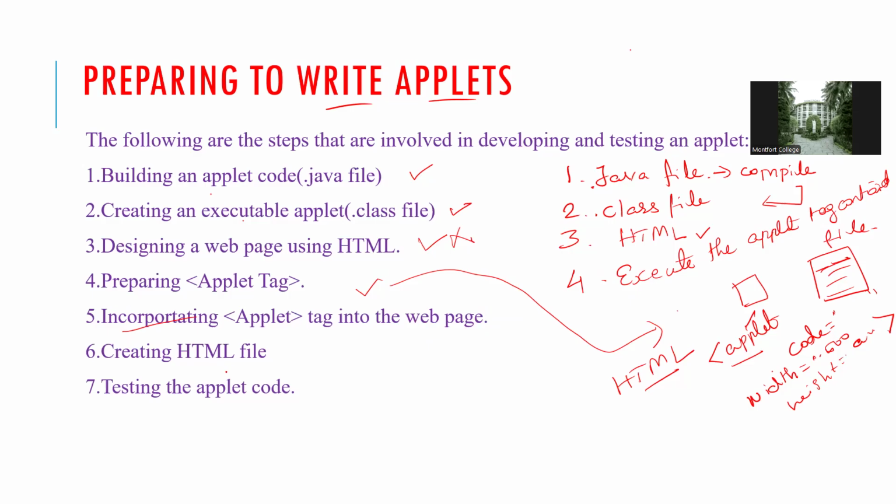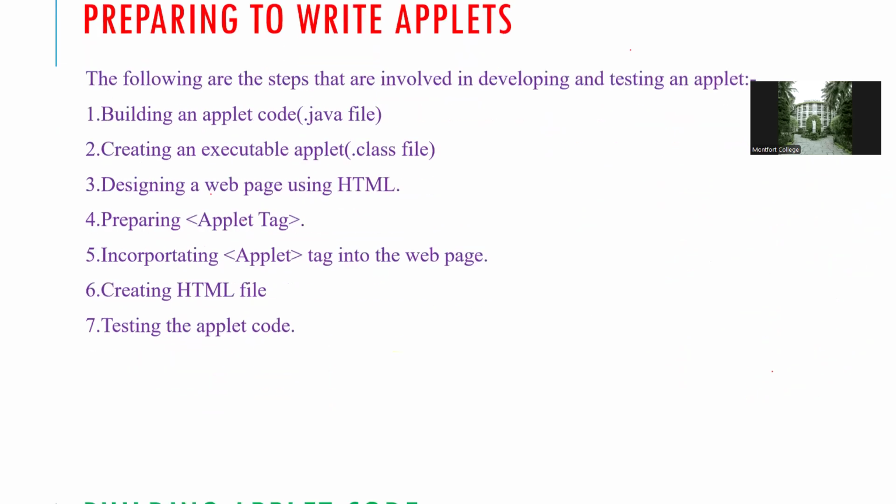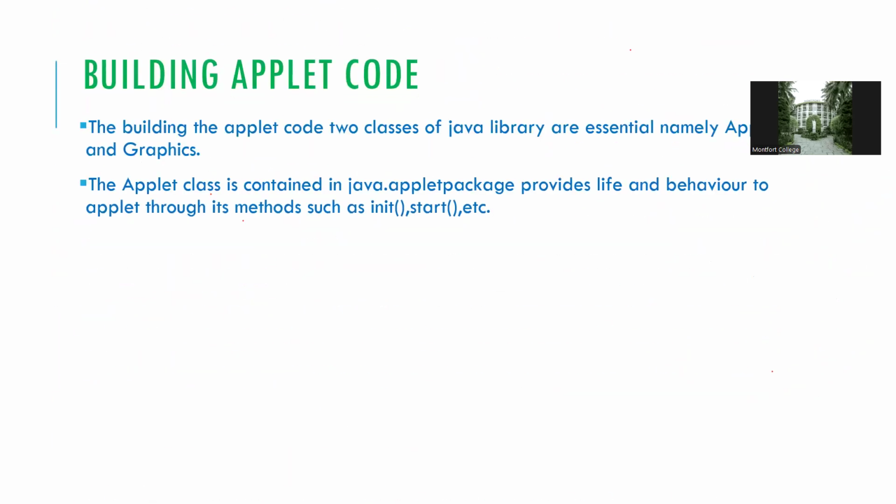Next, creating the HTML file, then finally testing the applet code. Testing the applet code is nothing but this: when we get the output, if it is whatever we expected, then the test passed, otherwise the test failed. Okay. So these are the steps we have for preparing applet code. Okay. Coming to the next one, building applet code.